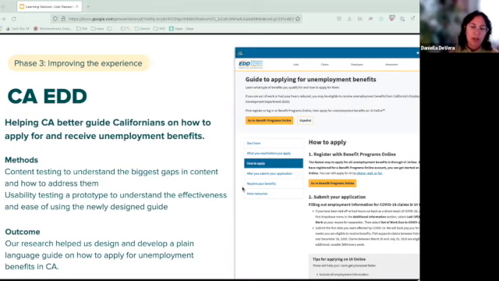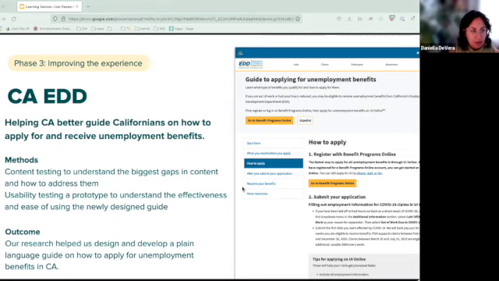So we asked participants to focus on completing a task around understanding how to apply for benefits within that prototype. And in the testing, we learned that the new design, the steps in this guide format really resonated with users, but they were still experiencing some alienation around unclear language, especially around freelancers and self-employed individuals, like what they were eligible for and if or how they would apply.